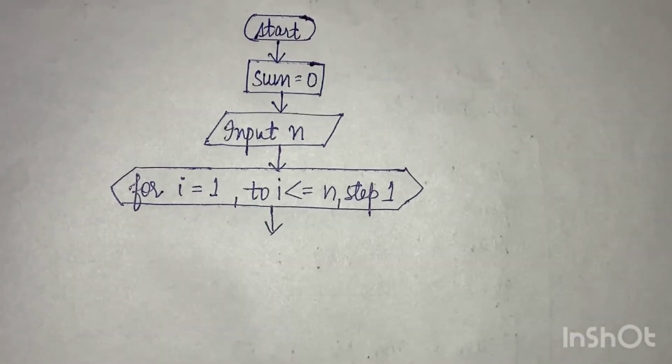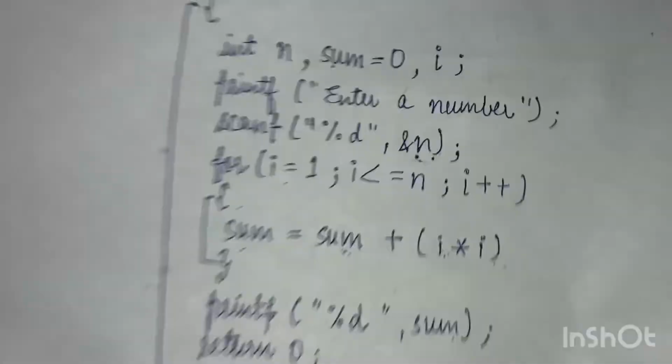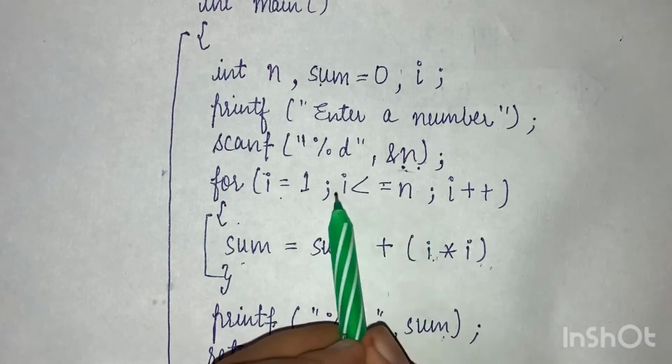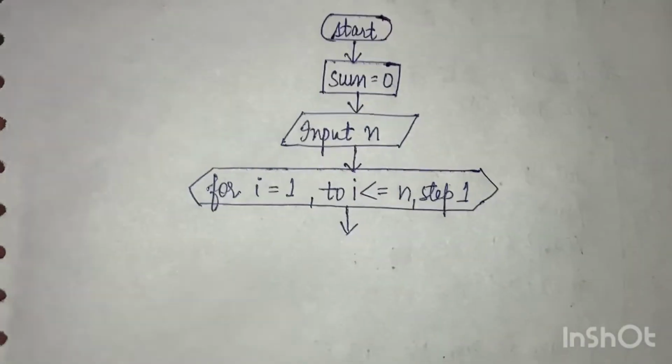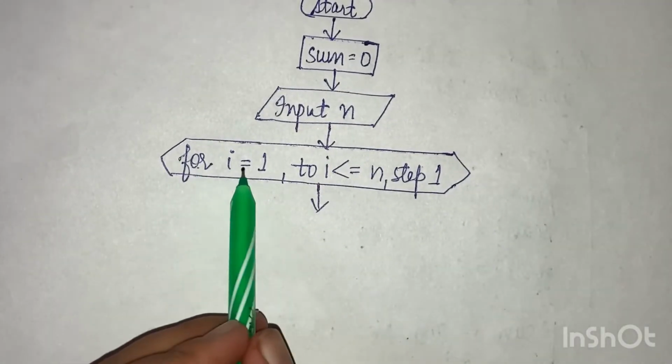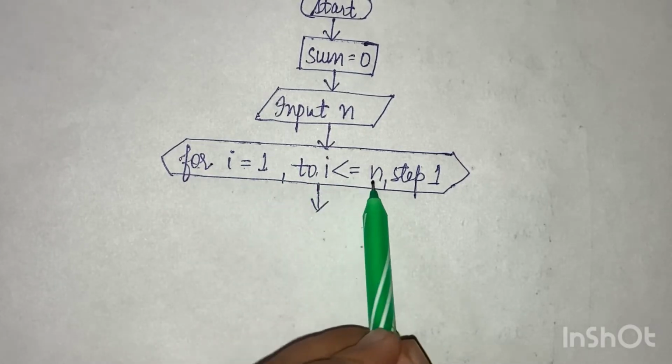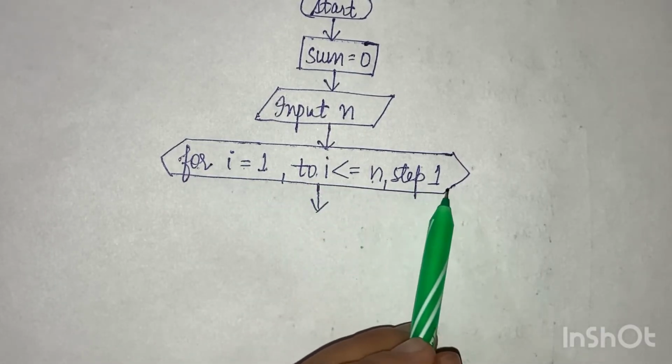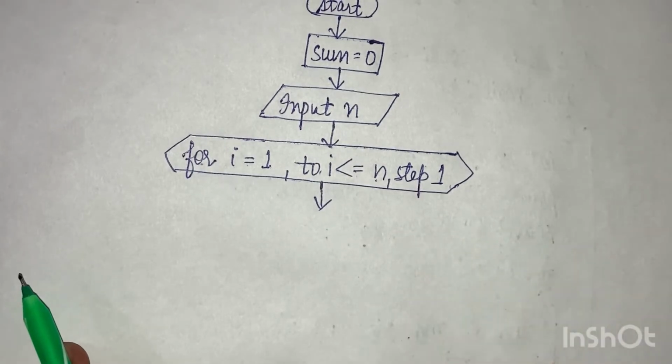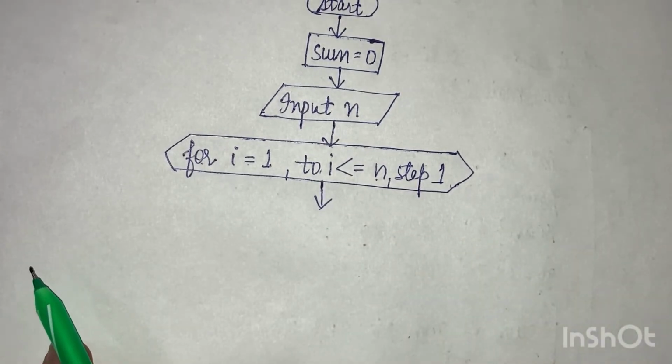This is how we write a flowchart for loop in C. This was the loop that we've used in the code: I is equals to 0, I less than equals to n, I plus plus. So we write for I is equals to 0 to I less than equals to n, step 1, because I is incremented by 1, so that's why step 1.